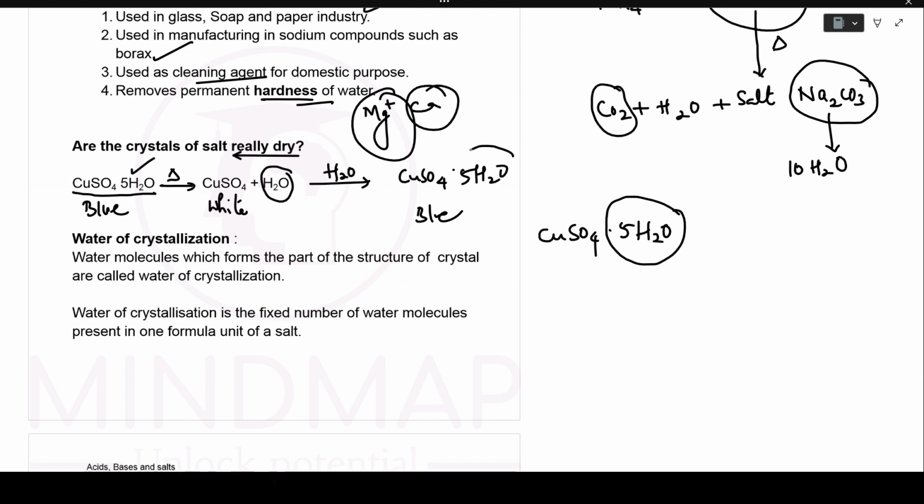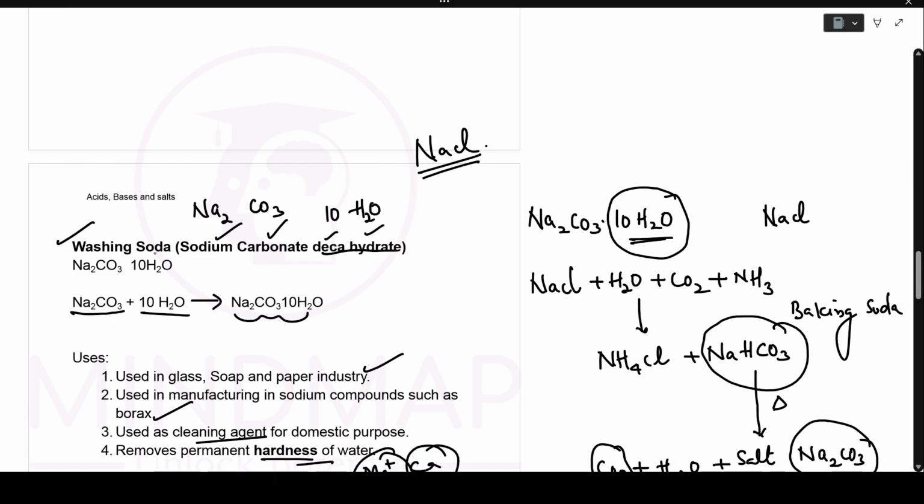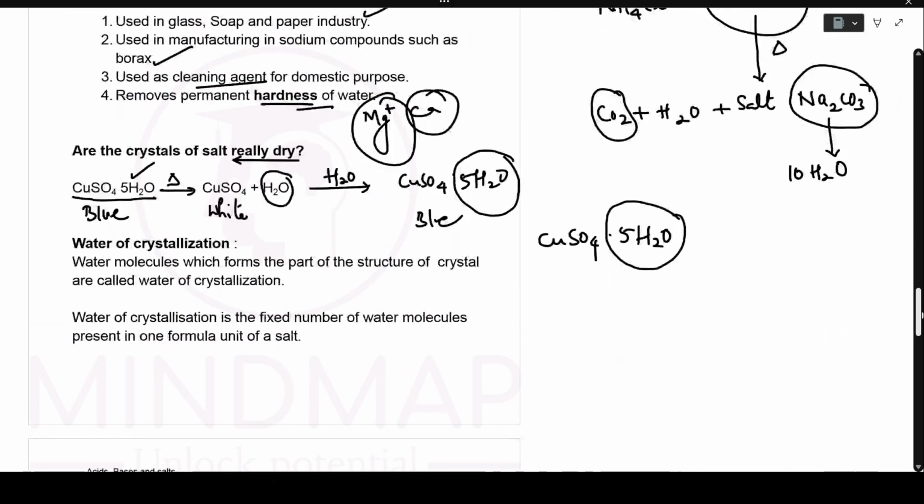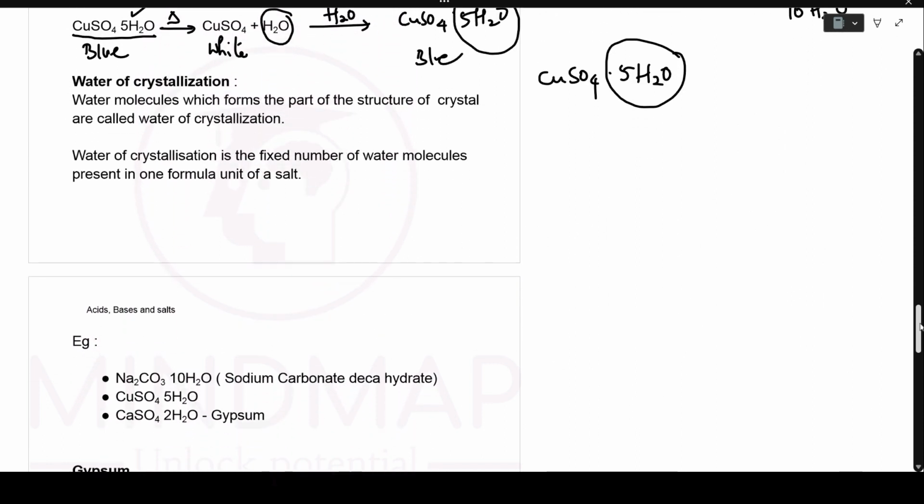Now these 5 molecules of water here and these 10 molecules of water in washing soda are known as water of crystallization. So what is water of crystallization? Water molecules which form part of the structure of the crystal are called water of crystallization.